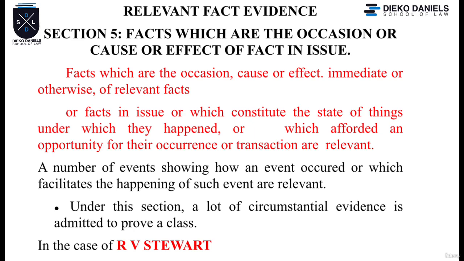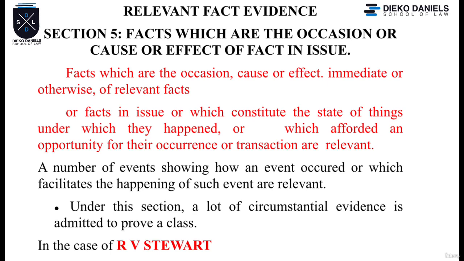So what does section 5 say? Section 5 talks about facts which are the occasion or cause or effect of fact in issue. And then section 5 tells us the facts which are the occasion, cause or effect, immediate or otherwise, of relevant facts or facts in issue, or which constitute the state of things under which they happened, or which afforded an opportunity for their occurrence or transaction are relevant.